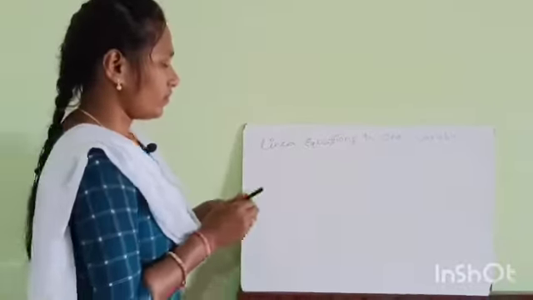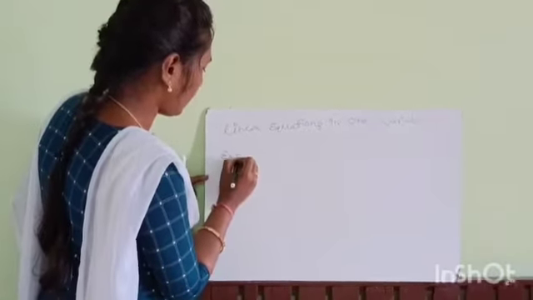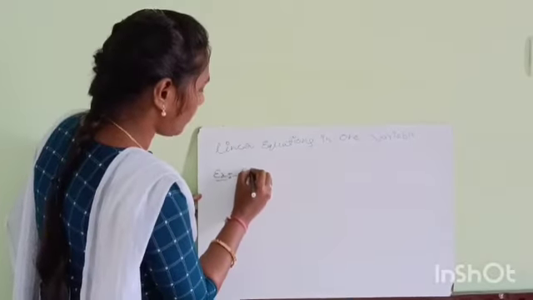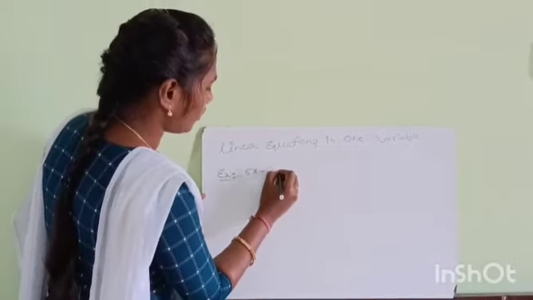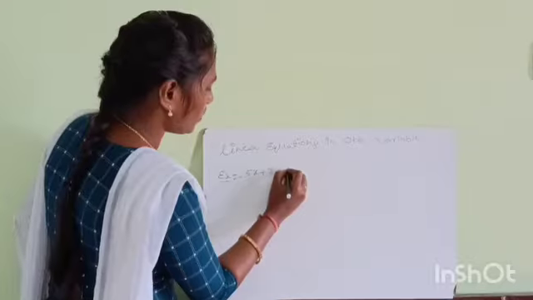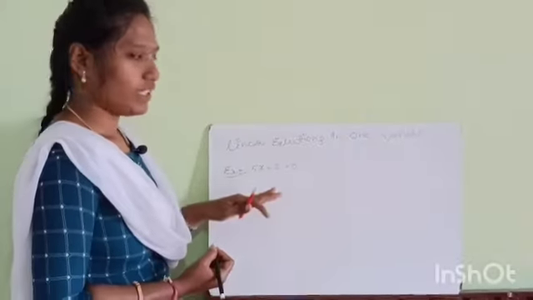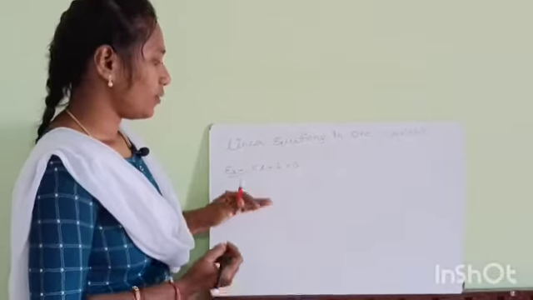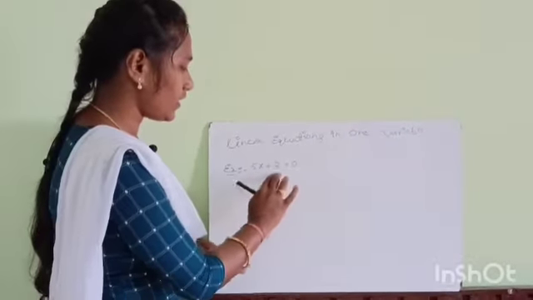For example, take one example: 5x plus 2 is equal to 0. So this is an equation. But how can you say this is an equation?